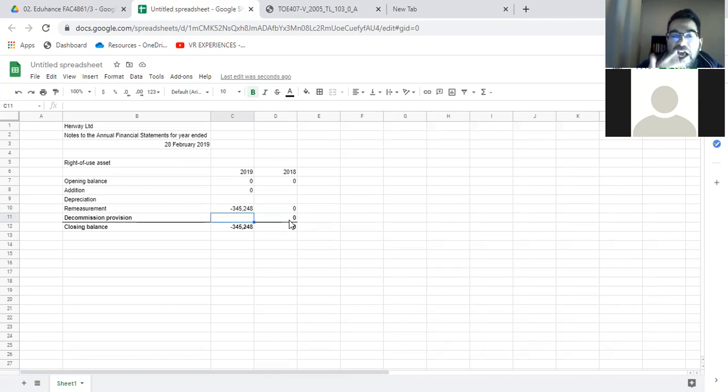That change we're going to have to calculate. So we have to calculate depreciation, and then we have to calculate the change in decommission.